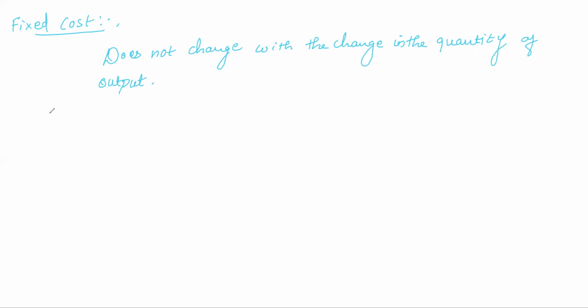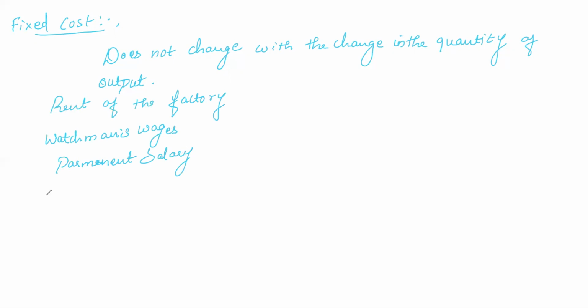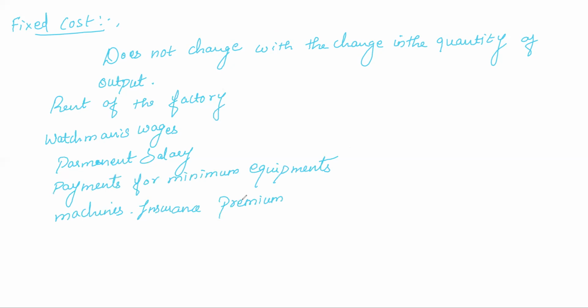அதுல என்னலாம் வரும்னு ஒரு example பார்த்தோம்னா rent of the factory, then watchman's wages, permanent salary, then payments for minimum equipments and machines, insurance premium, deposit for power, license fee.